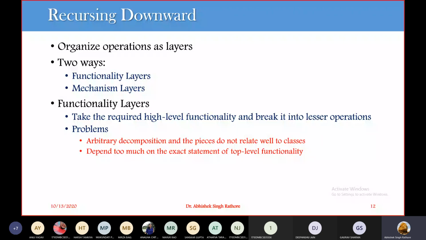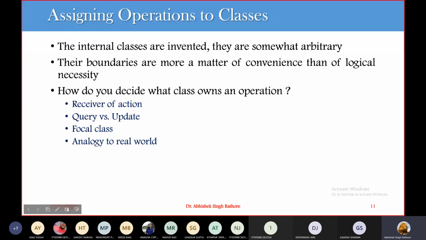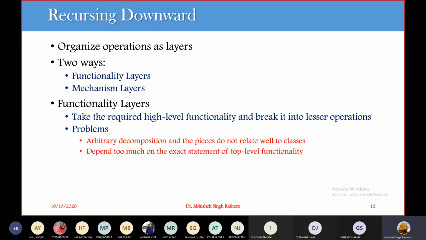And then we had identified some operations that do not belong to any real world cases, but that may or may not be analogous. So by default, if it is analogous to the real world, we would identify it in its related class. If not, we talked about the target of the action, and in its target class or focal class we would identify them.